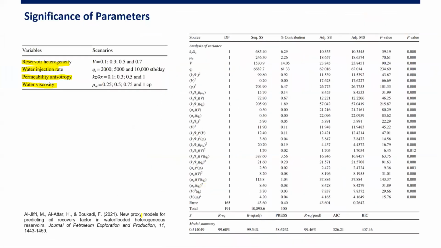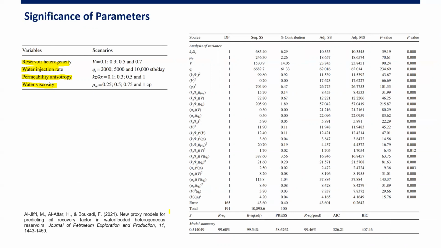If you read the paper, the authors also see that their models and correlations have limitations and restrictions, so you need to be aware of them if you want to apply these correlations.